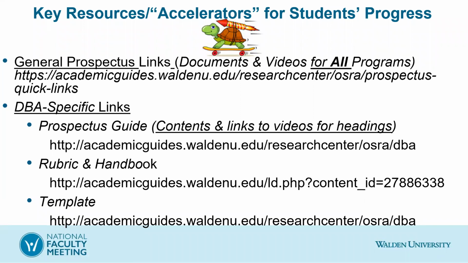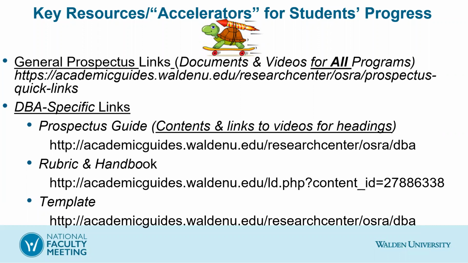For example, the prospectus guide contains links to videos for each of the headings that we've just discussed. The rubric and handbook contain both further guidance on those areas as well as, within the handbook, examples for each of those areas.